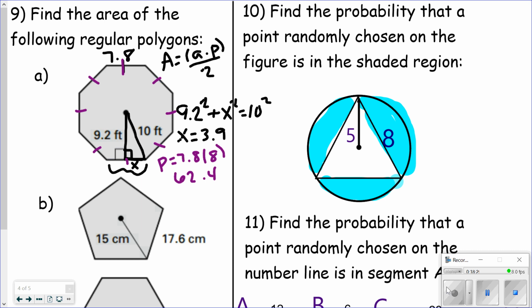So area is equal to the apothem, which we know is 9.2, multiplied by the perimeter, which is 62.4, and divide that entire number by 2, and we get that the area then is 287.04 feet squared.